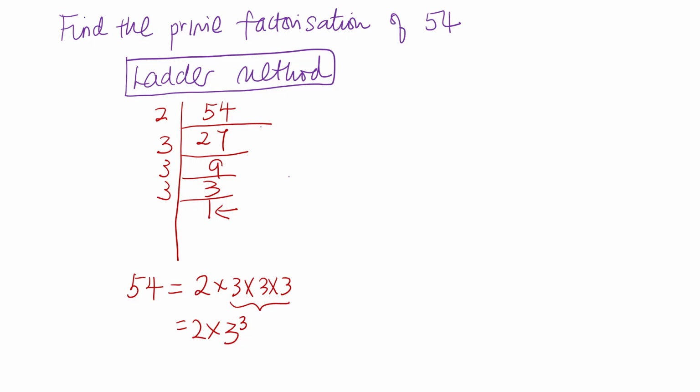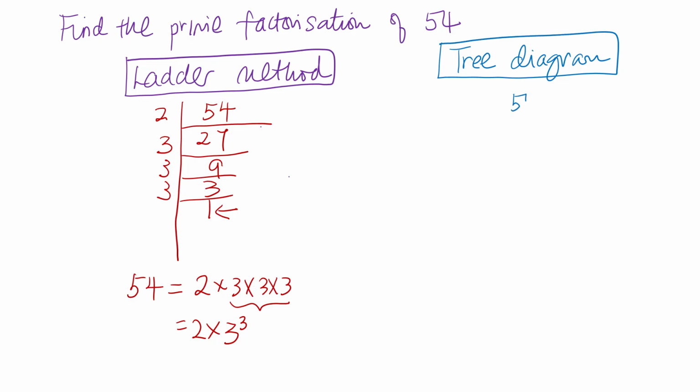The second method is called the tree diagram or the tree method. You can also call it the branching method, where you branch it up into two different factors, 2 and 27. 27 can be branched off as 3 and 9, and 9 can be branched off as 3 and 3.